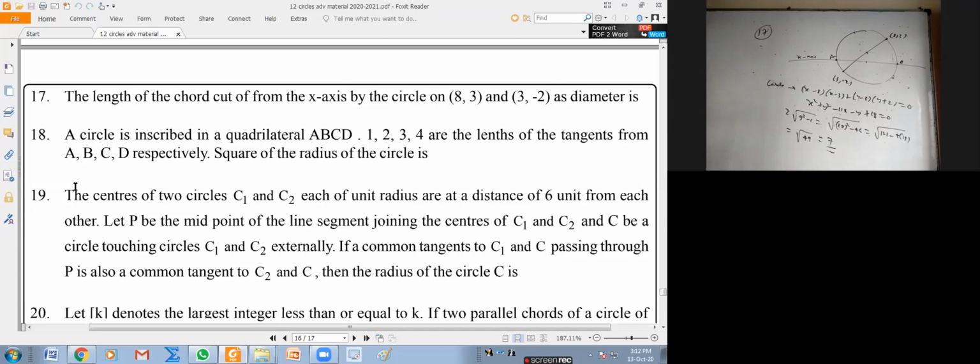Just on the figure, it can be done. All right, 17.